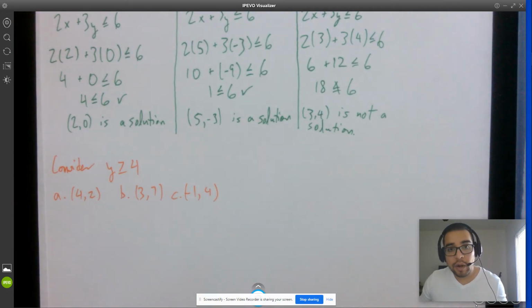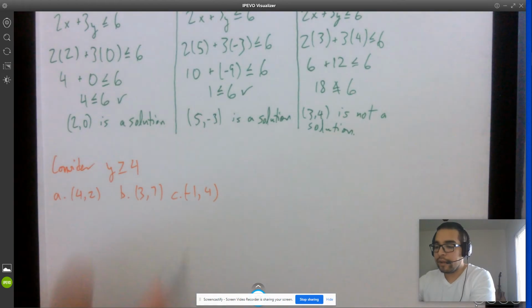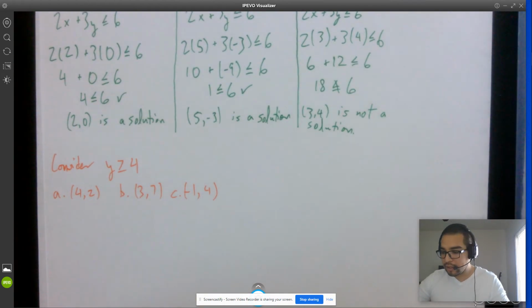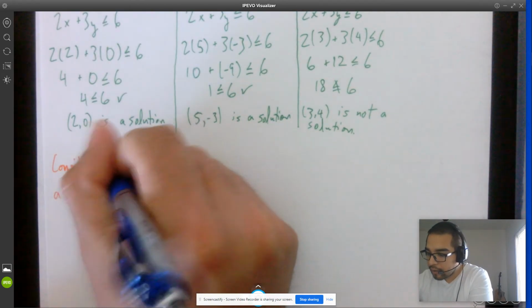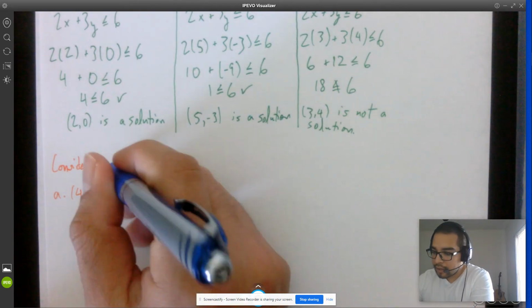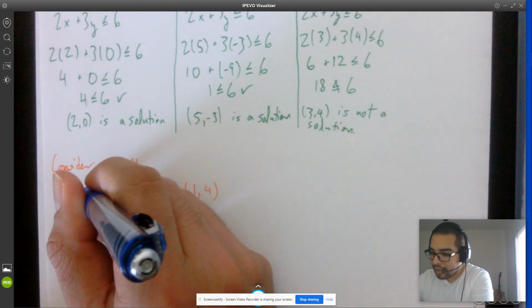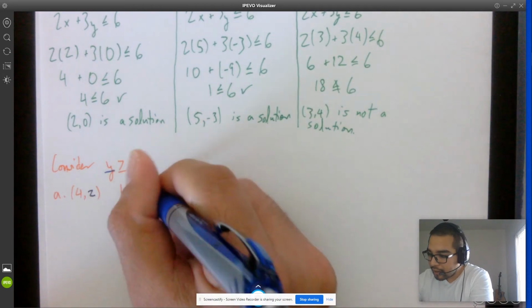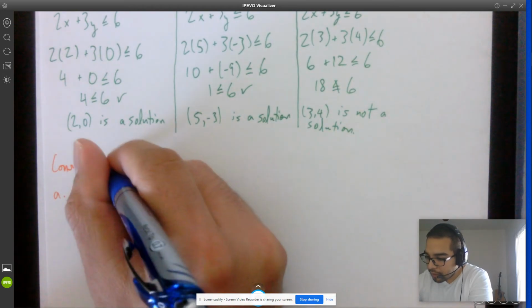It is a linear inequality, but it is in one variable rather than two. So the only thing we have to check is the y coordinates, to see if it's a true statement and therefore a solution to this inequality. Since this is y, I'm only looking at the y coordinate of each pair.